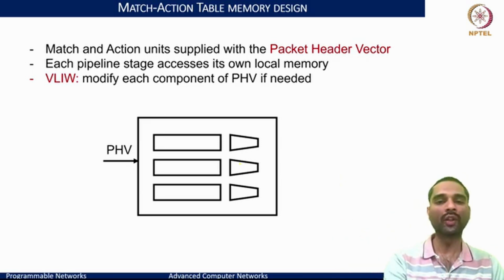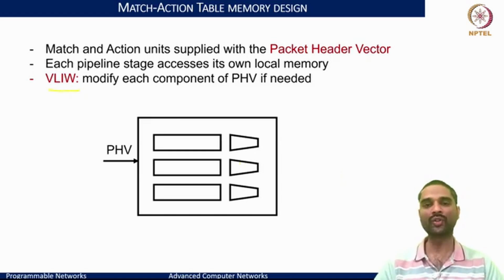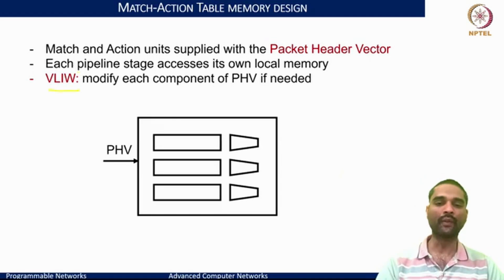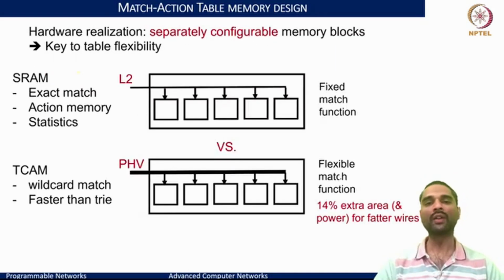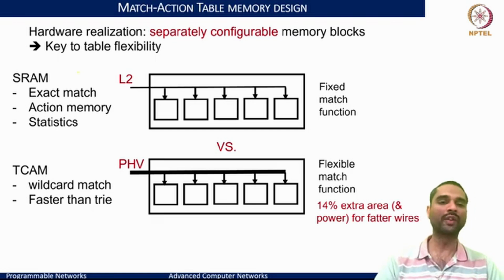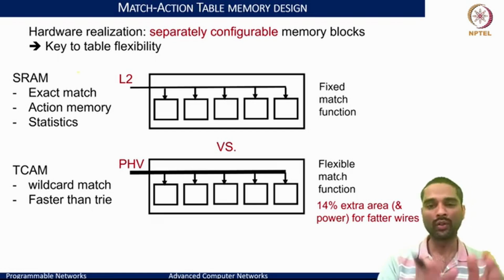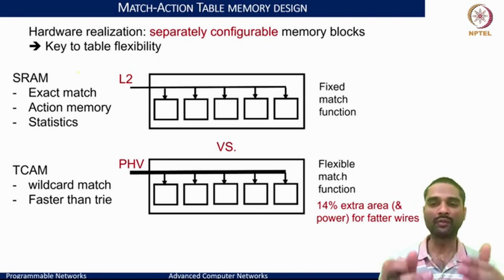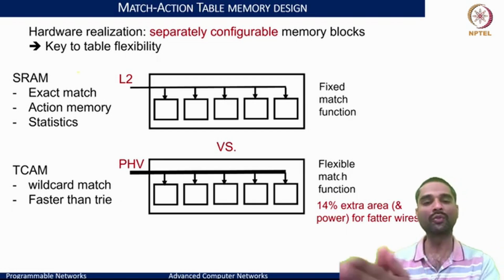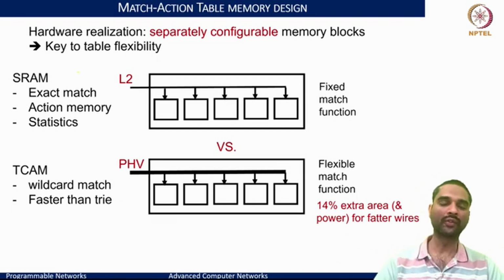So this is encoded as what we call very large instruction words, which modify each of the components of the PHV as necessary. And this again can be realized in hardware in different ways. One, just using the SRAM, where you can have an exact match on each of the fields, and once this exact match happens, you would be able to take the necessary actions.